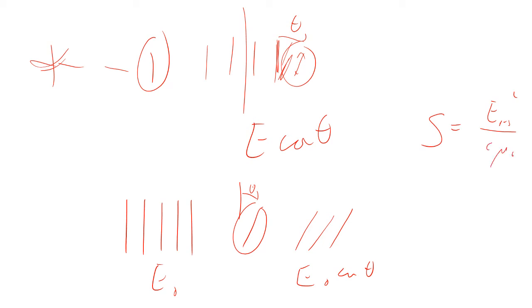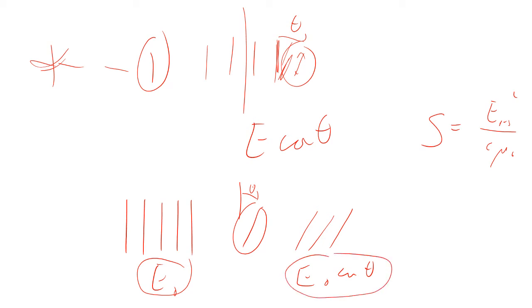Okay, so what that would mean is that the intensity on one side would be that, and the intensity on the other side would be E naught cosine squared.